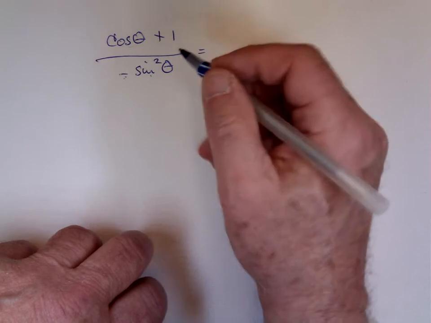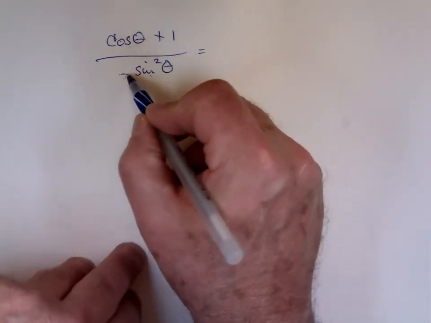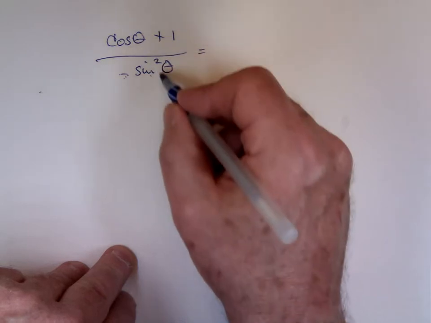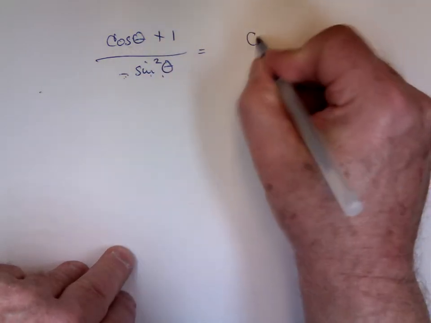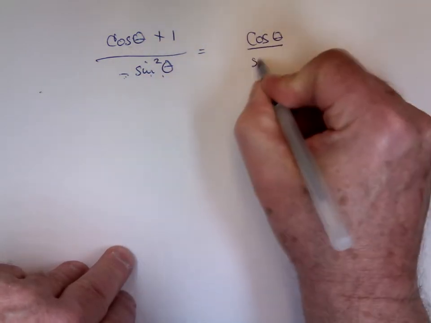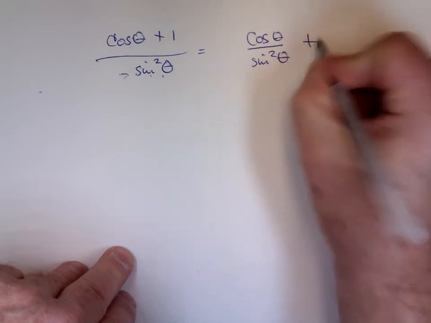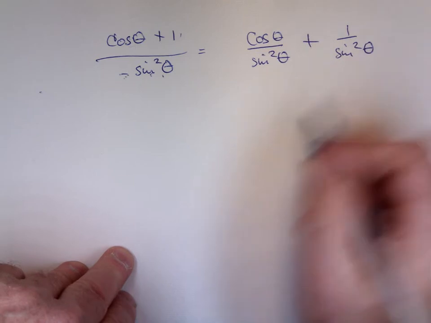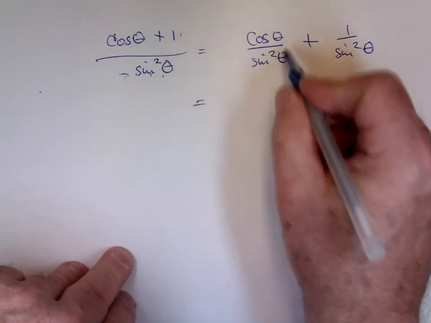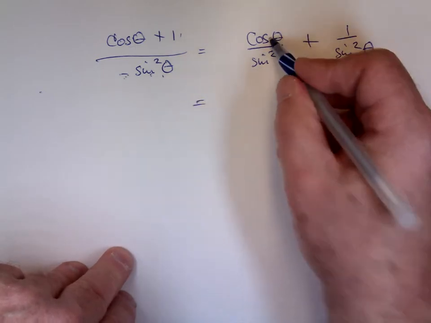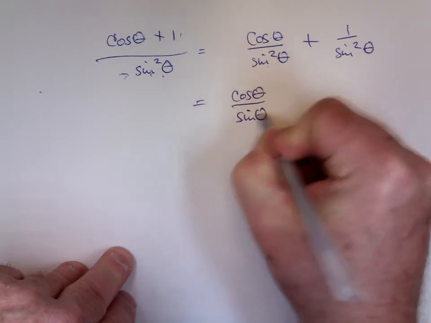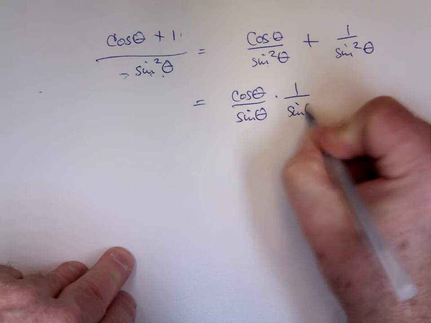Okay, well, here's the deal. See this negative? I'm going to take this out front. You've got cosine over sine squared plus 1 over sine squared. This is cosine over sine, times 1 over sine.